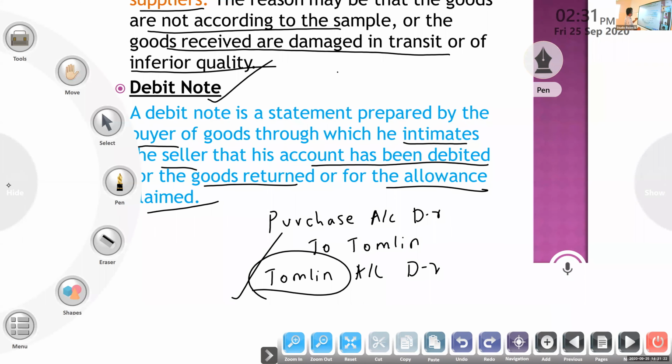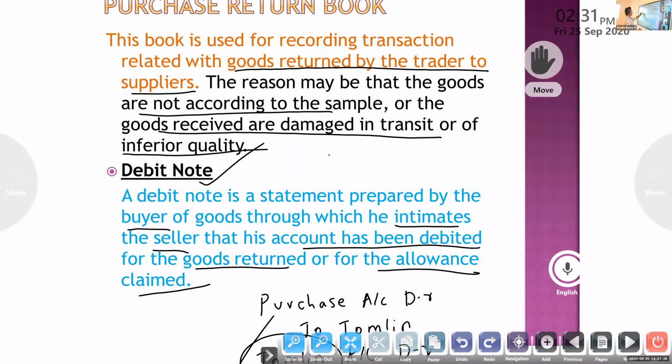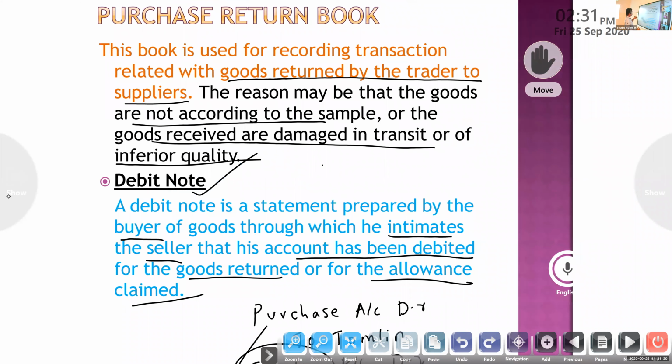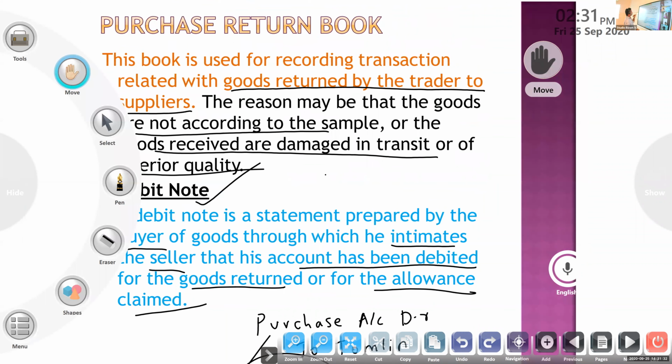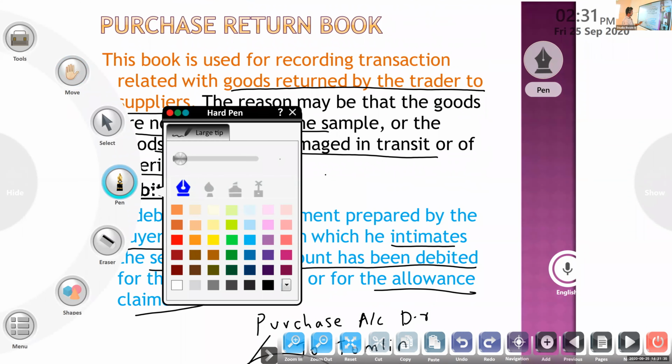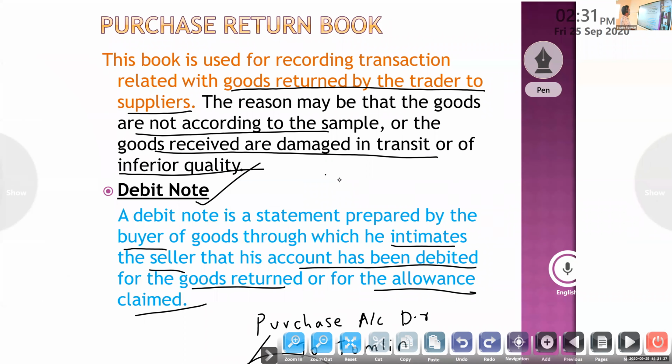It is used for recording the transactions relating to the goods returned by the trader to the supplier. On the basis of the debit note only, we will record the transaction. It is prepared by the company only.